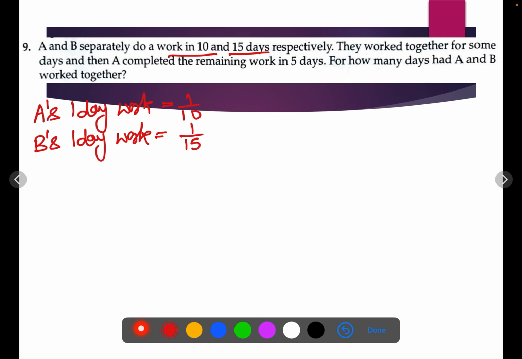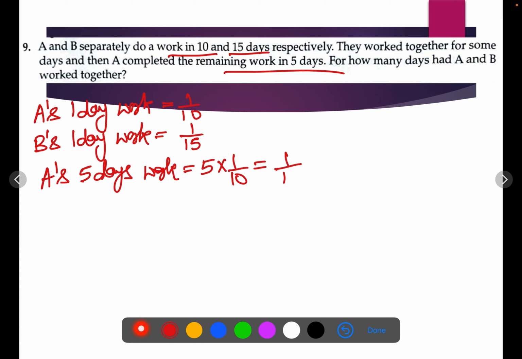Now they work together for some days and A completed the remaining work in 5 days. So A has done the work for 5 days. So I can find out A's 5-day work, which A has done all alone.